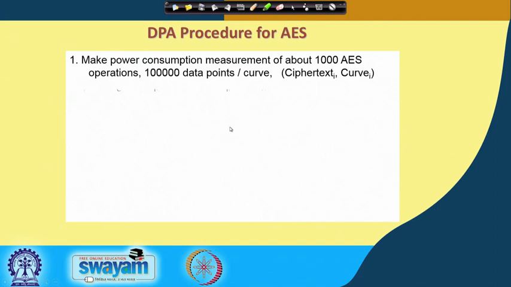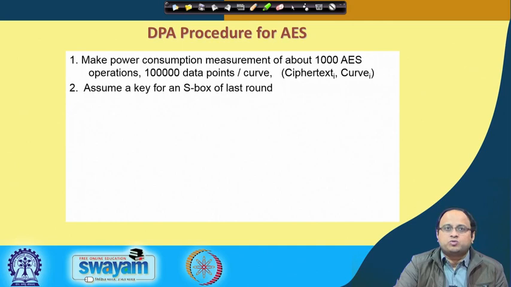Now we assume a key for an S box of the last round. Note that in the last round key you have 16 S boxes, and the total key has a dimension of 128 bits.